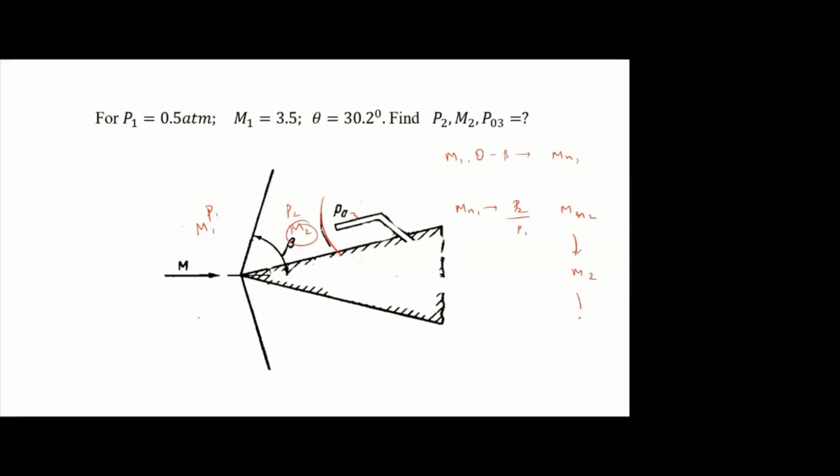Once you know M2, using the normal shock table, you can find M3 and P03 by P02. So P2 and M2 we found. Now we have to find P03, for which we need P02. We know M2 and P2, so using the isentropic table you can find P02 by P2. Then find P02, substitute here, and you can find P03. This is the procedure. Is it clear?